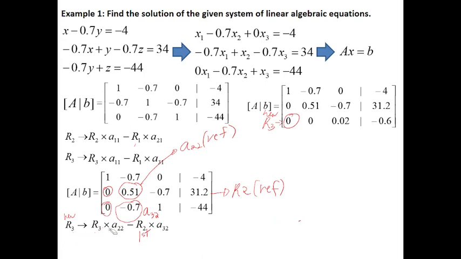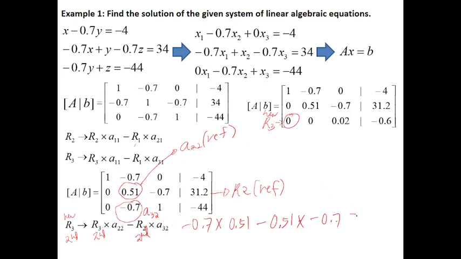Consider natin yung second. R3 second element, negative 0.7, times A22, 0.51, minus R2 second element, 0.51, times A32, negative 0.7.